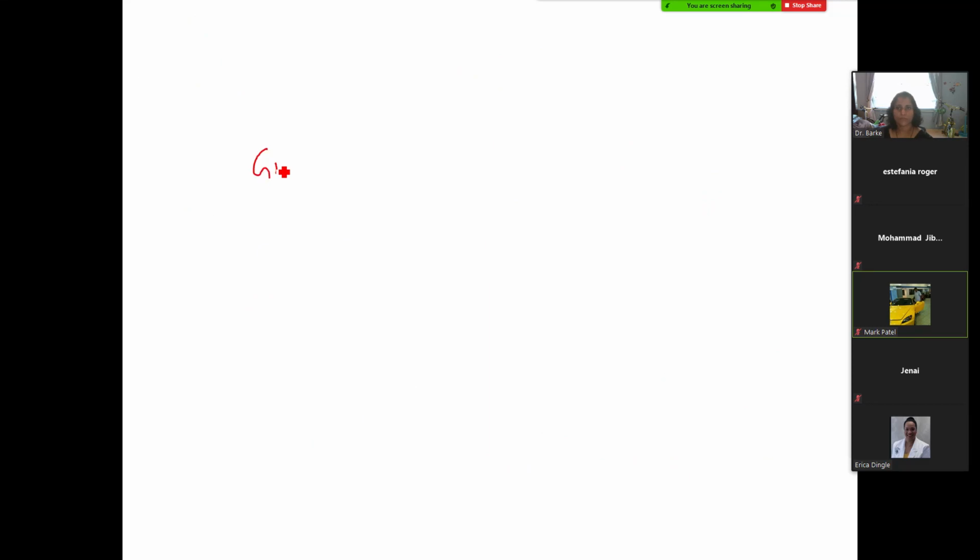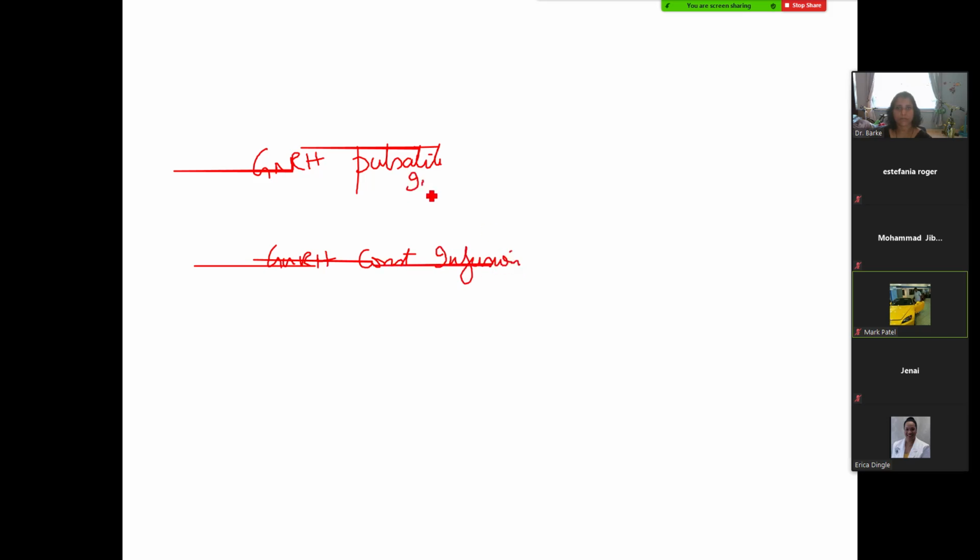So if you give GnRH as a pulsatile infusion and GnRH in a constant manner, as a constant infusion, what will happen to FSH-LH? If you give GnRH in a pulsatile manner, can it exhibit downregulation?